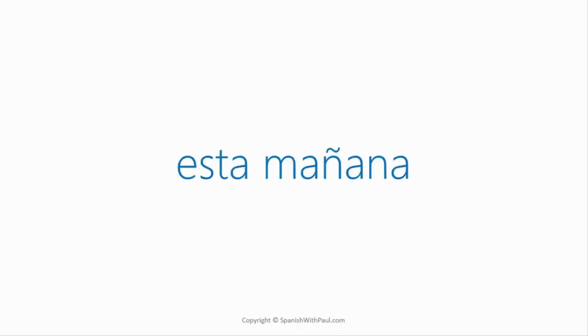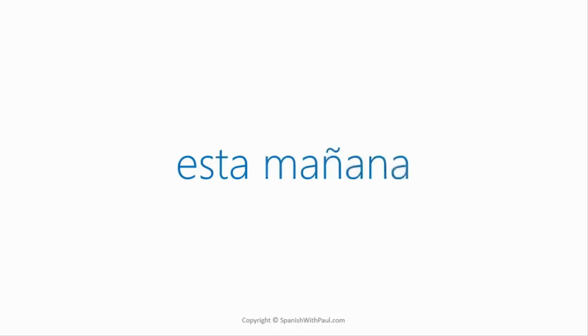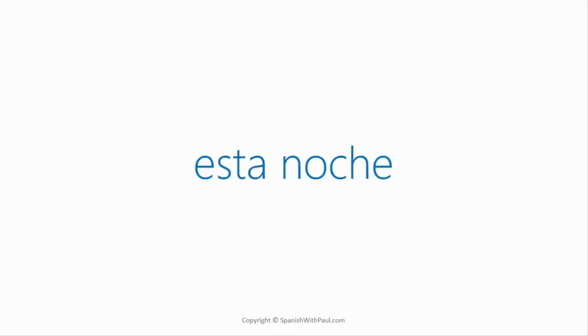Before closing this video, I'd like to go back over some of the previous words we've been working with. For example, how would you say this morning? Esta mañana. So here, mañana means tomorrow or it means morning. Ending in A, it's a feminine word. So therefore, this morning would be esta mañana. What about the word for tonight? Esta noche.